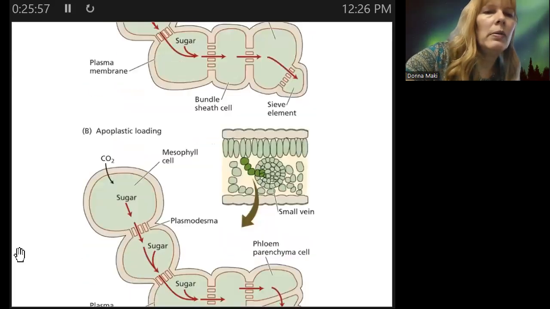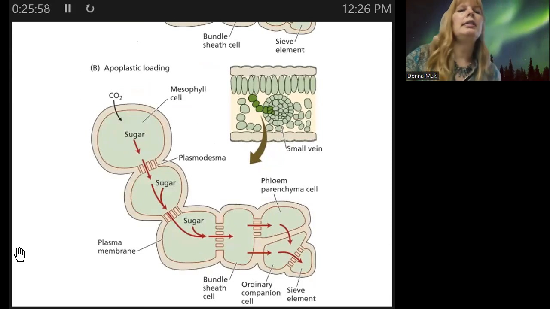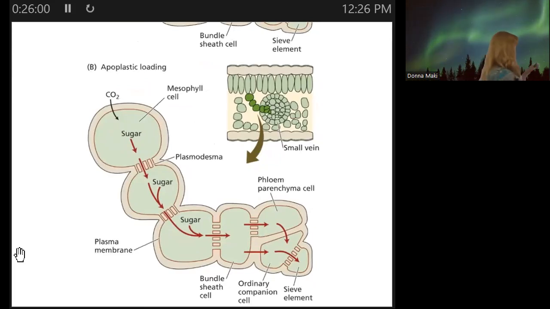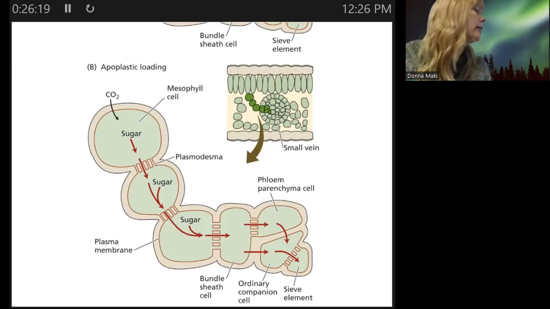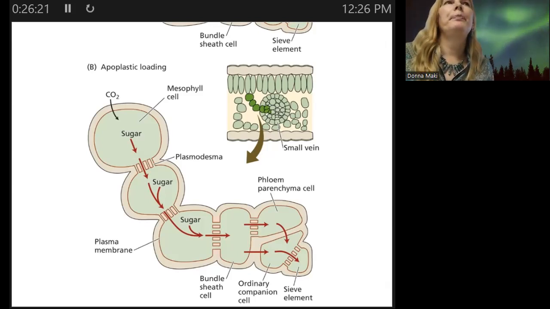But then they said, well, in theory, we can see how it might happen at some point in the process. It might go apoplastic, into the cell wall. So here they're showing the same scenario. Initially, it's symplast, symplast, symplast, and then here they're showing it crossing the cell wall at the phloem parenchyma cell. So right in the tail end there of the transport.